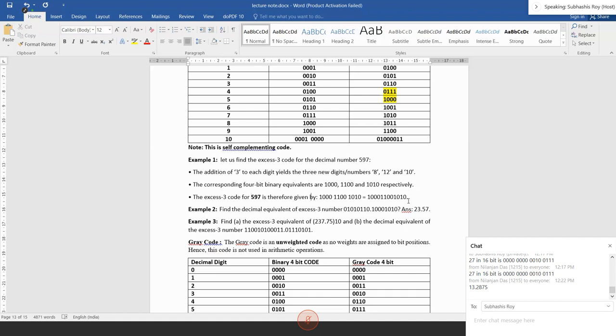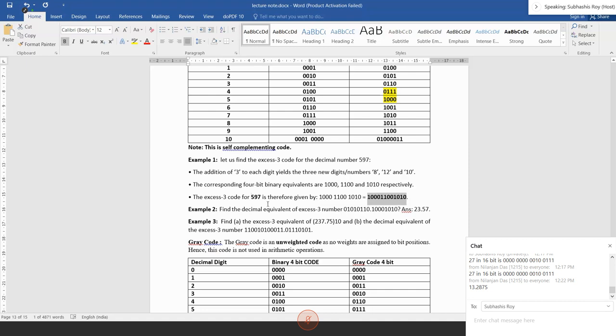This is the given number, and this is the combination for this given number. Is it okay to everyone? The given number is 597. So you need to convert that number. 5 plus 3 is 8, 9 plus 3 is 12, 7 plus 3 is 10. So you are getting this number. You just write it down in a compact manner: 5, 9, and 7.